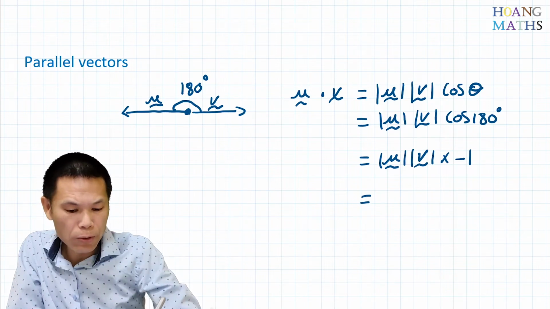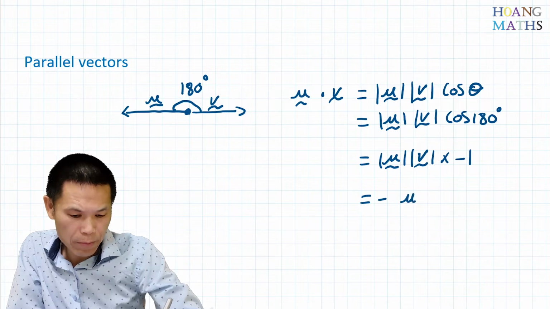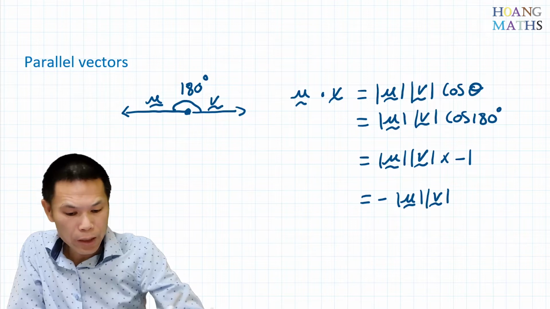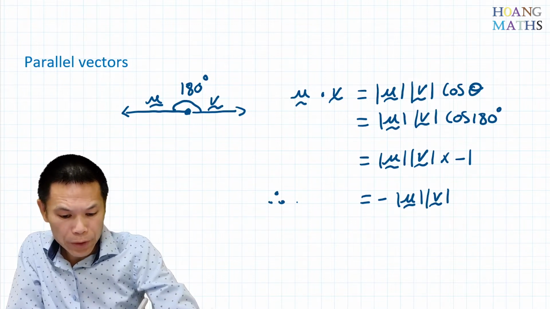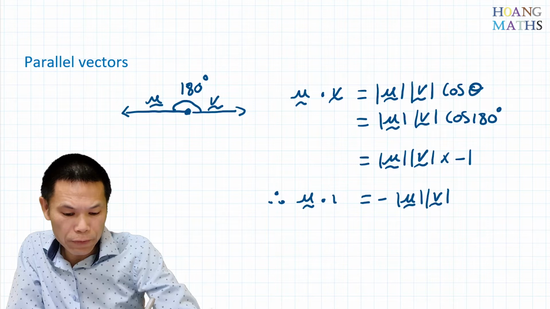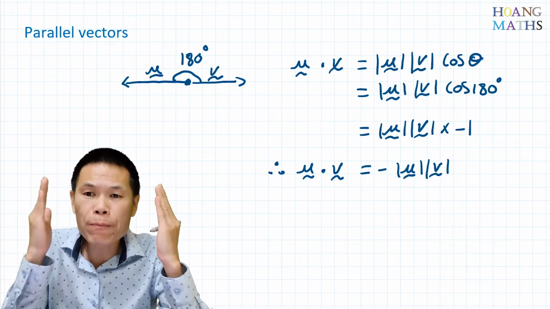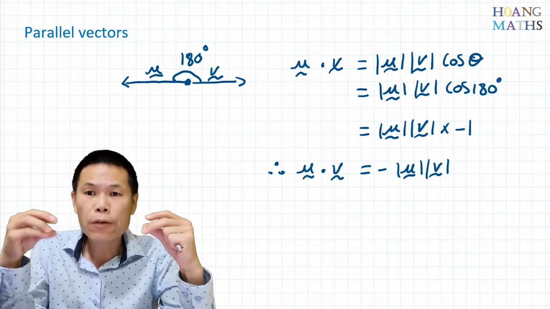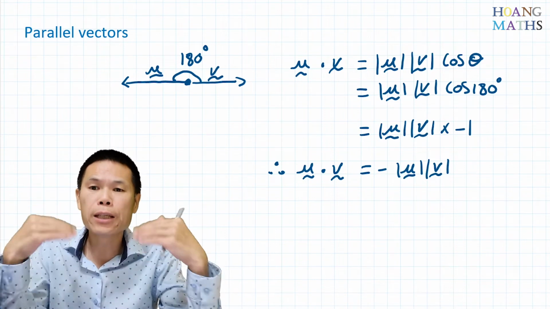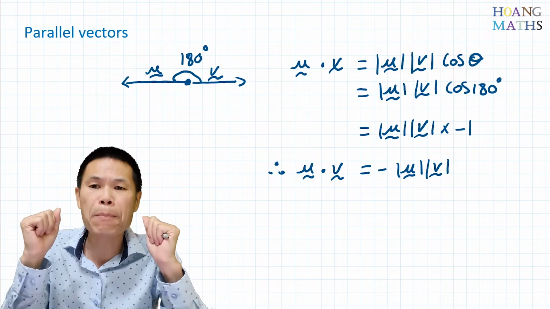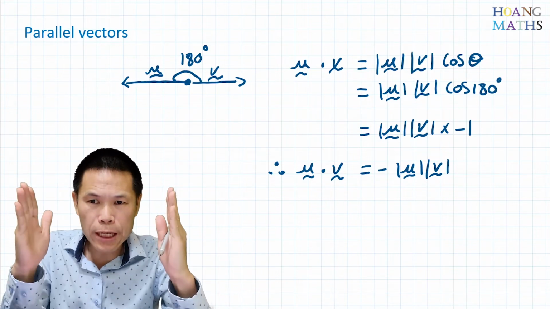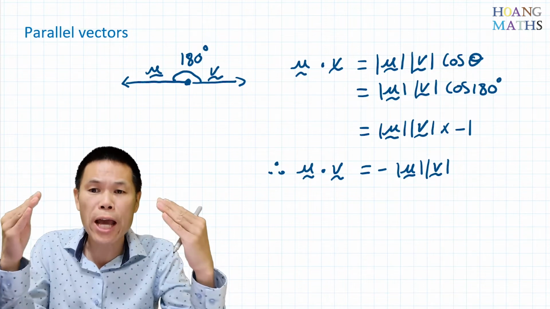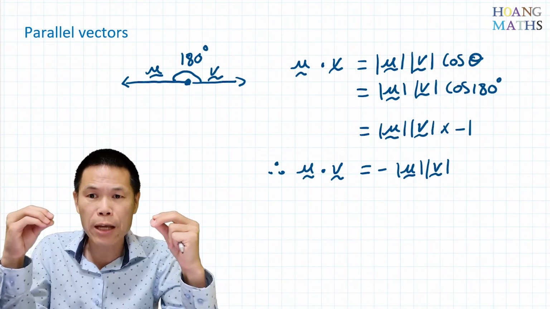So that is equal to negative magnitude of u times magnitude of v. So therefore, if vector u and vector v are parallel and in opposite directions, vector u dot vector v is equal to negative magnitude of u times magnitude of v. Okay, so please keep that in mind. And u and v in opposite directions are also known as unlike directions. Okay, keep that in mind for me.